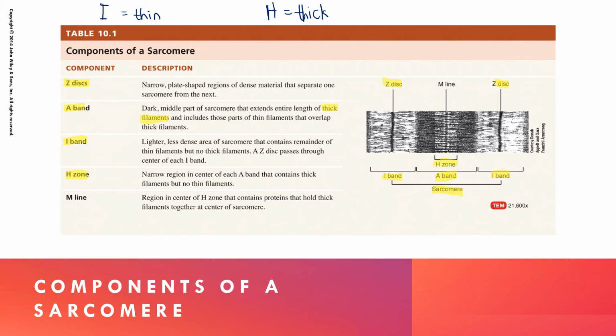Now, supporting the proteins that hold the thick filaments together at the center of the H zone form the M line. And this is named just because it's the middle of the sarcomeres. So it holds those thick filaments at the center.